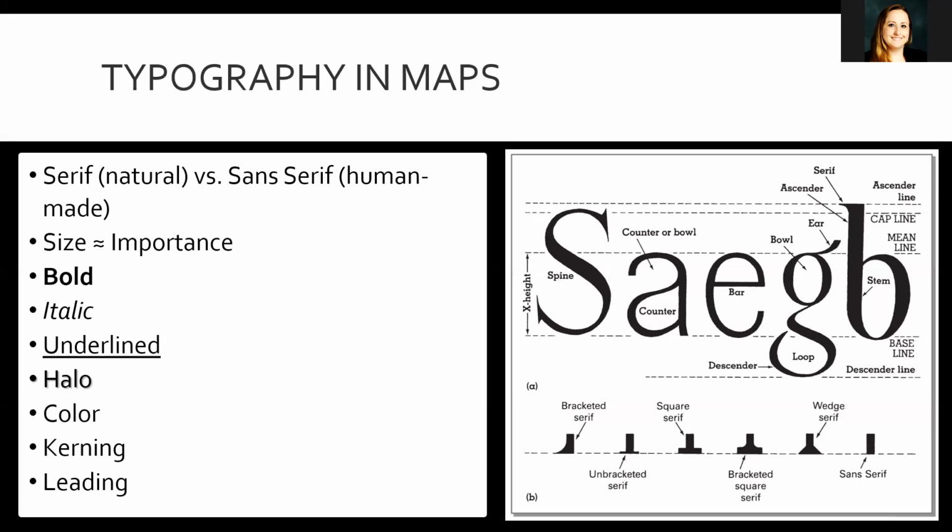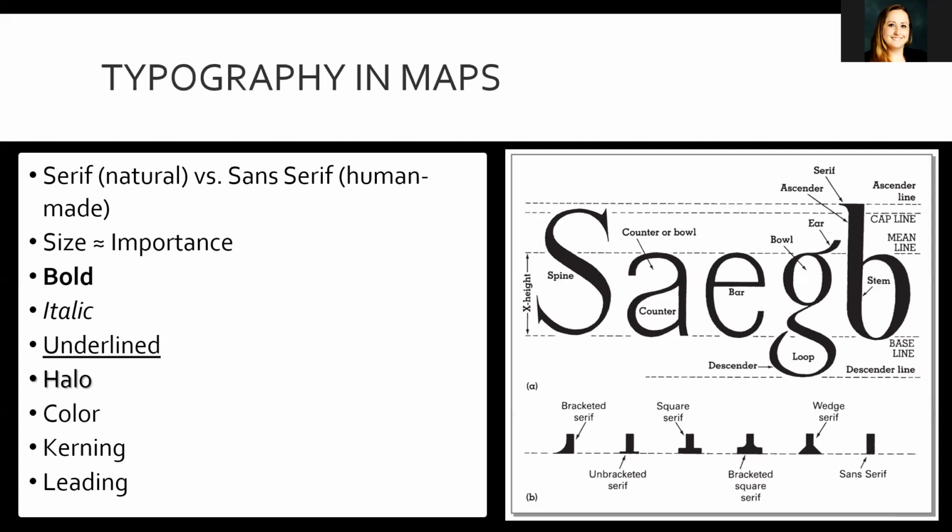So you wouldn't want light text on a light background or dark text on a dark background. So by creating the halo, it kind of allows for both to be there, and then your reader can actually read what's happening on the page.